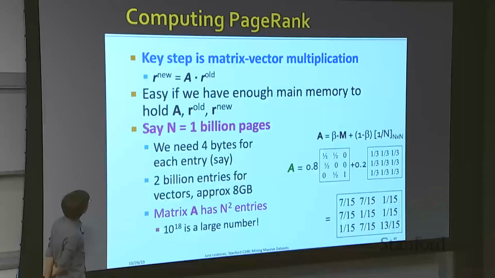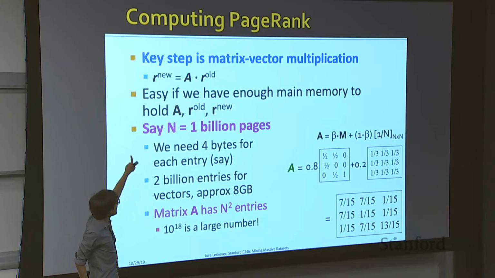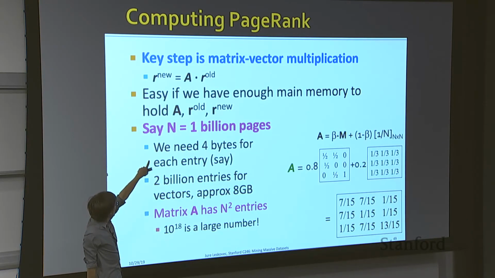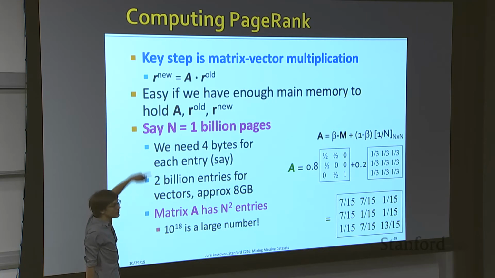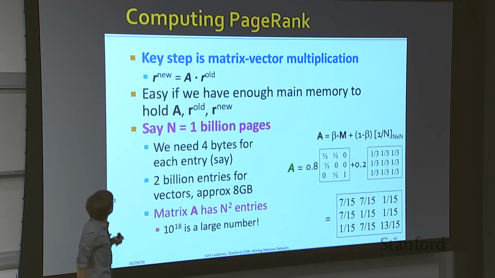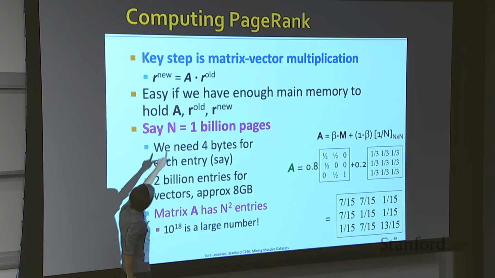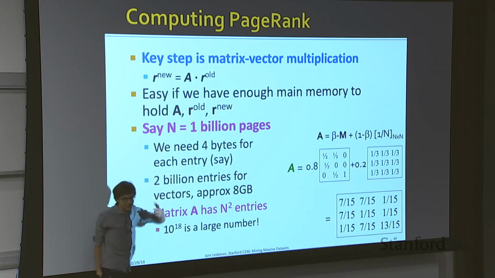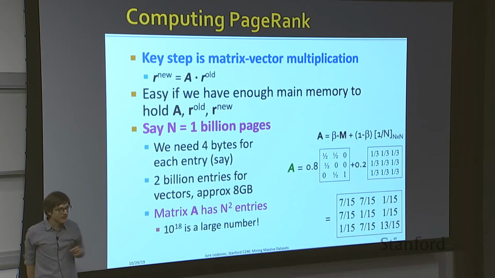Here's the issue. The key is this iteration where R old times A is our new R, and I want to be able to iterate this as many times as possible. If A, R old and R new are small and I can fit them in main memory, then life is good.